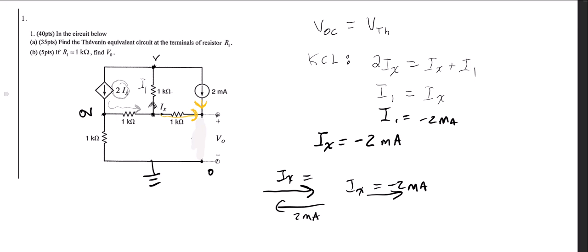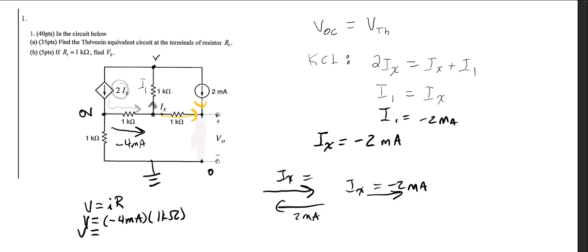We know that this current coming down is 2Ix, and so the current going in this direction is negative 4 milliamps. And so the voltage change across this resistor right here, V equals IR, is minus 4 milliamps times 1 kiloohm.